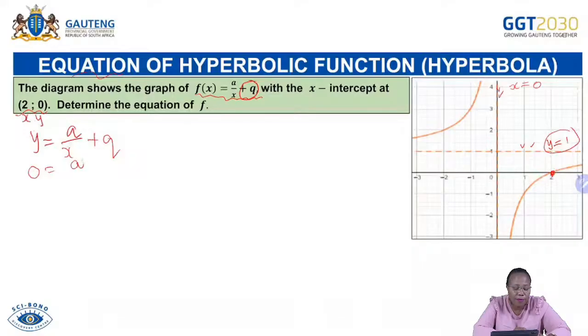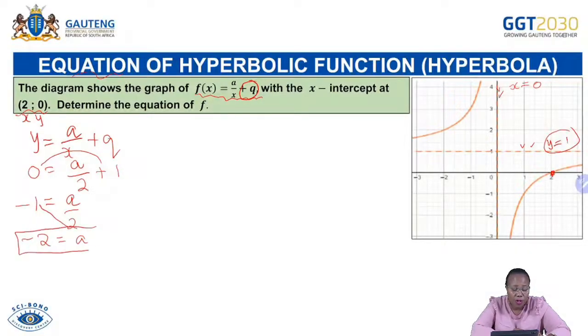We are looking for the a value because we need an equation. The x is 2. We substitute the q, that is plus 1. Looking for the value of a, 1 to that side is negative 1, and then a over 2. Denominator cross multiply to that one is a negative 2. Therefore, a is equal to negative 2.